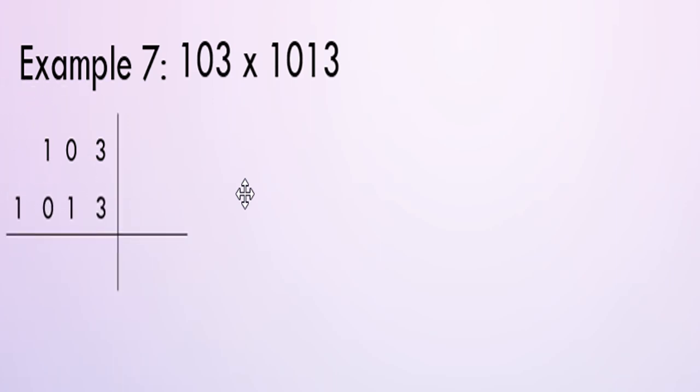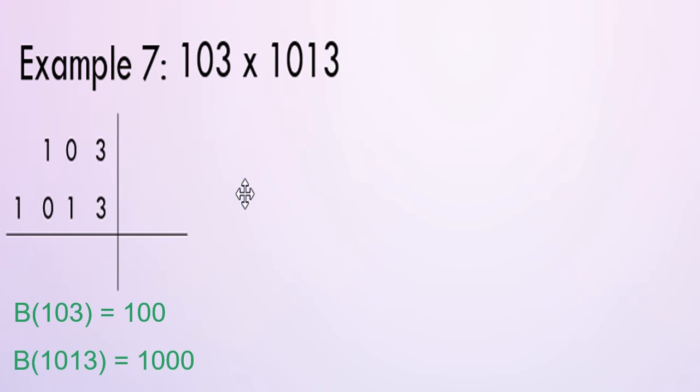Step 1. The first thing that has to be noted here is the base. Here number 103 is close to base 100, and 1013 is close to 1000. So we have two different bases this time, namely 100 for 103, and 1000 for 1013.